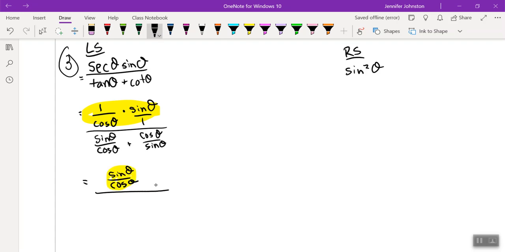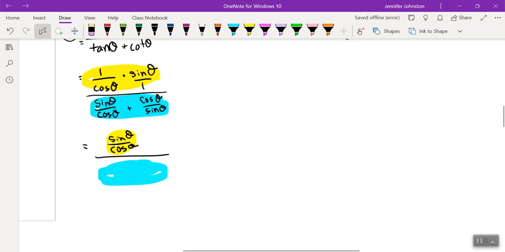Then we have this line, and then we're going to try to simplify this denominator. Well, the denominator has two different terms on the bottom, so we're going to look to see if we can find a common denominator. So to find a common denominator, we're going to multiply this by cos theta divided by cos theta, because we don't have a cos theta over here on the denominator.